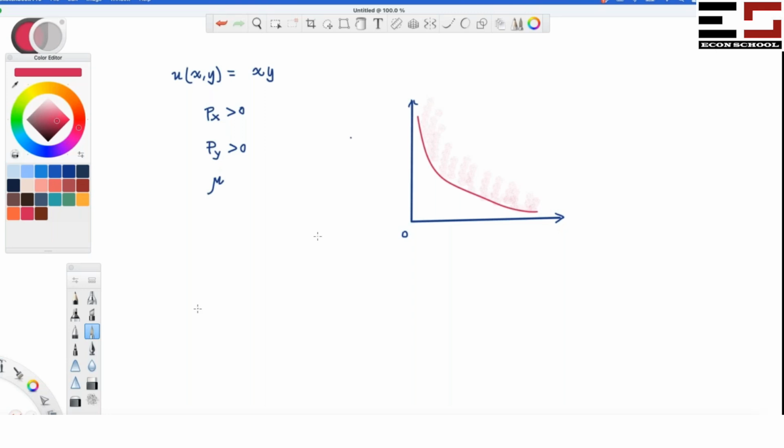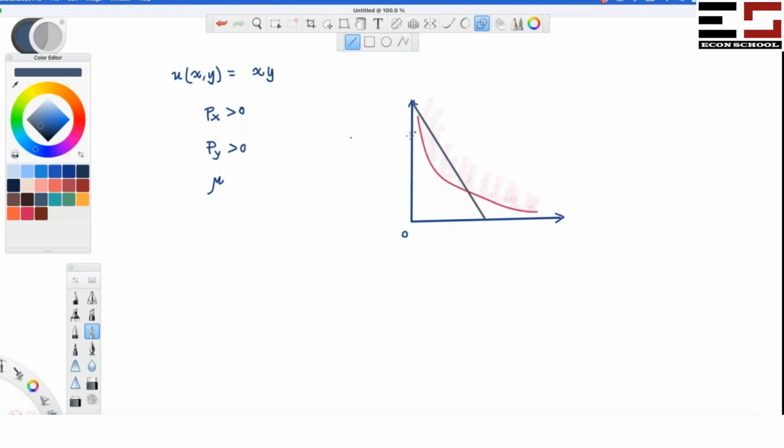Whatever the prices are, the iso cost curves will be parallel lines, all with the slope minus px by py. If you plot an iso cost curve, it will look like this.